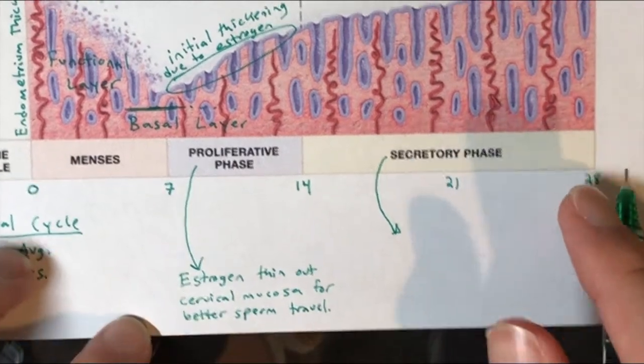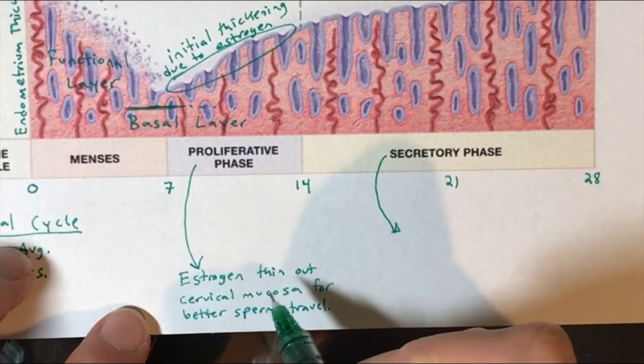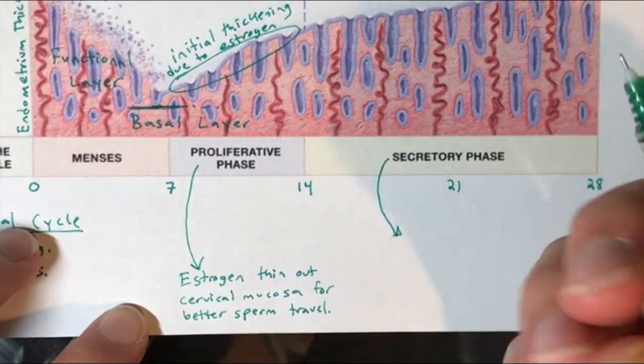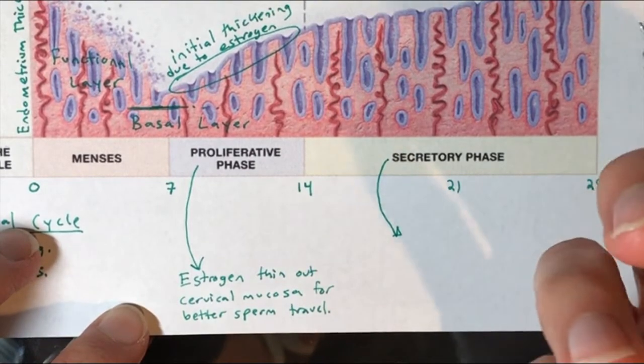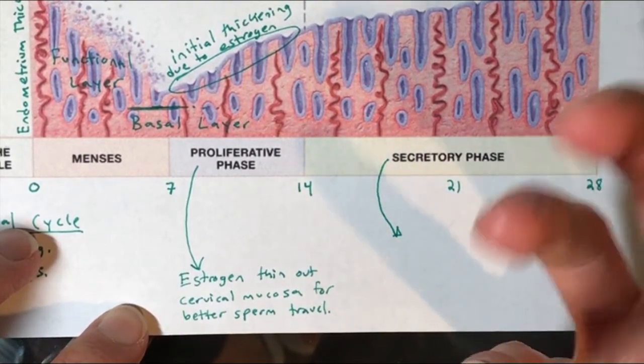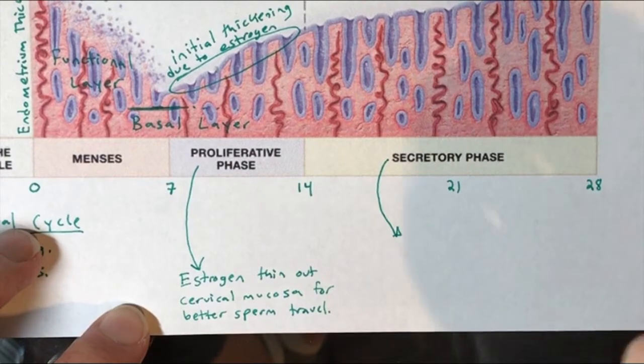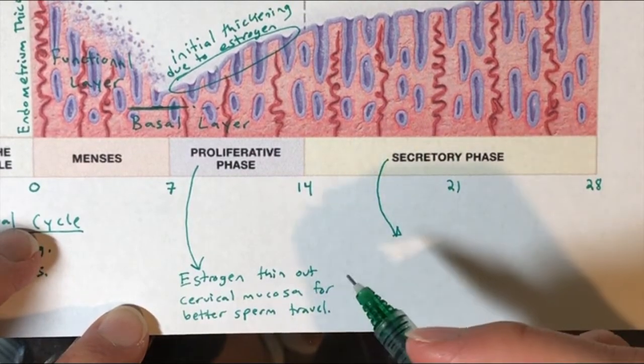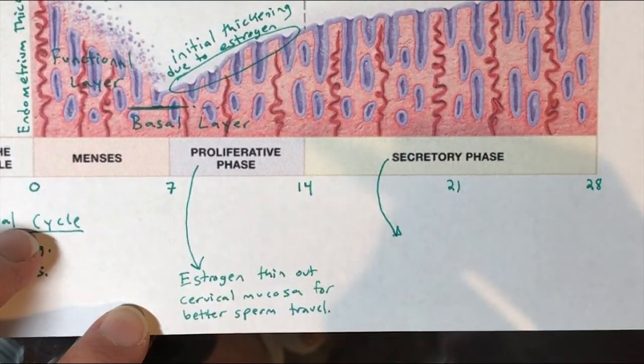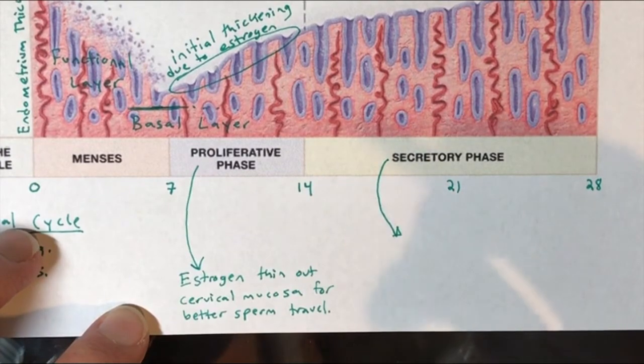Normally, if the cervical mucosa is not thinned out, it's thicker, and that thicker cervical mucosa can block sperm from entering the uterus. And if it never enters the uterus, then the sperm can't get to the fallopian tube to fertilize the oocyte.